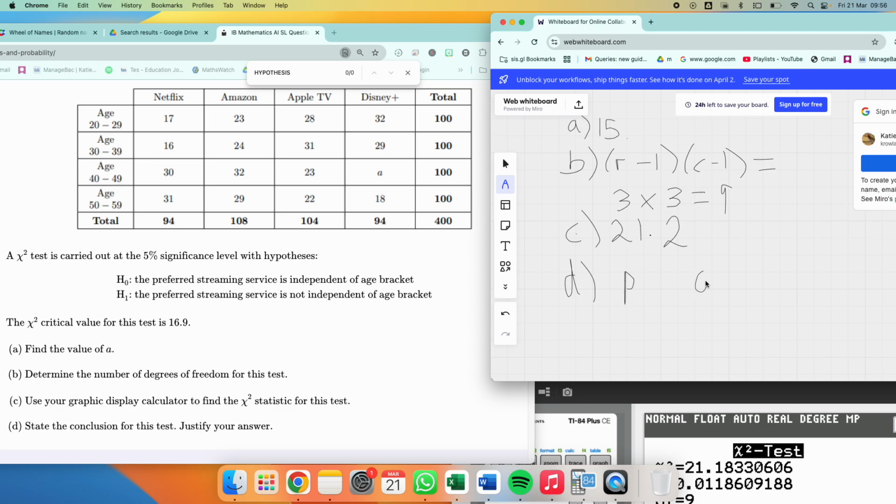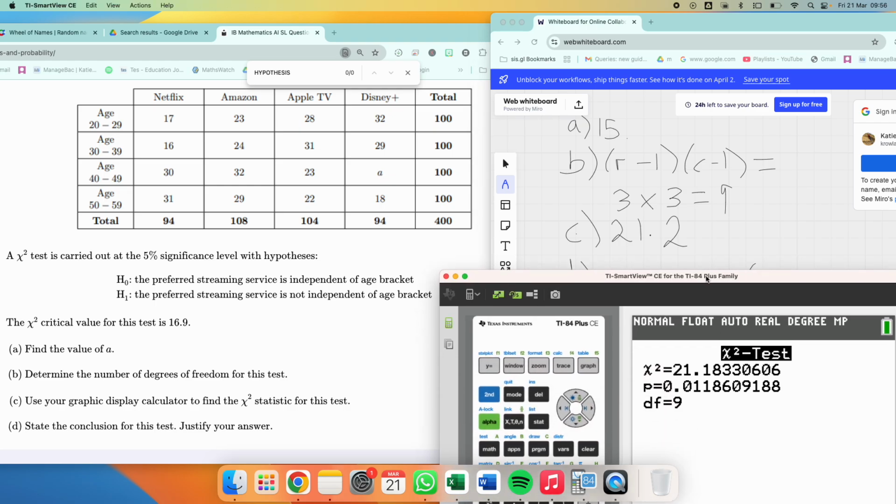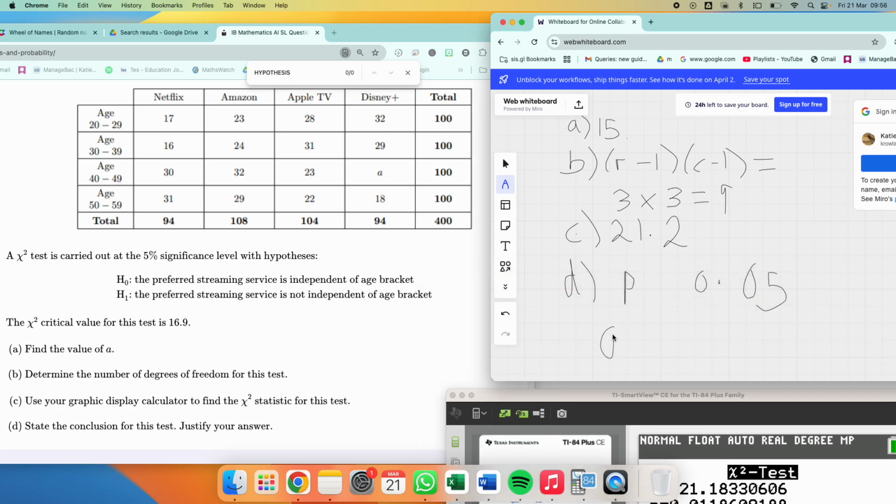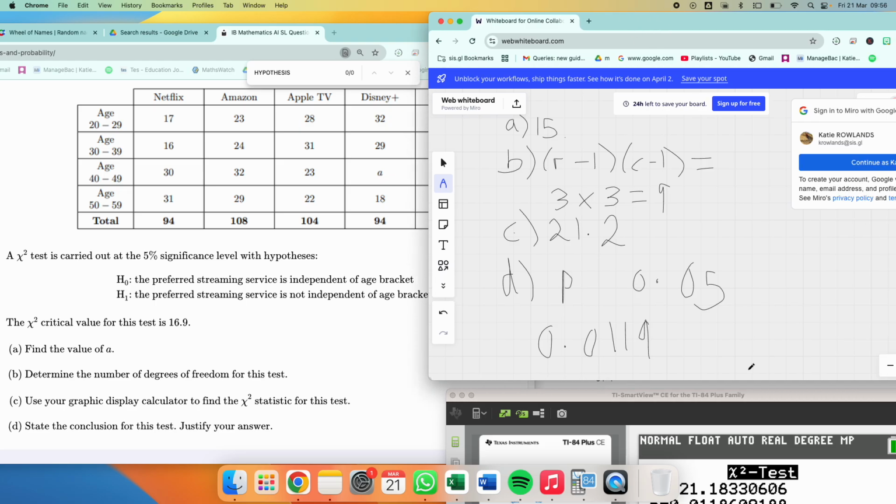We're writing 5% as a decimal, so we write 0.05, and then we're going to write down what our p is. If we have a look at this, p is 0.0119. Note I've written 3 significant figures. A lot of people would just write 0.01. That is not 3 significant figures.